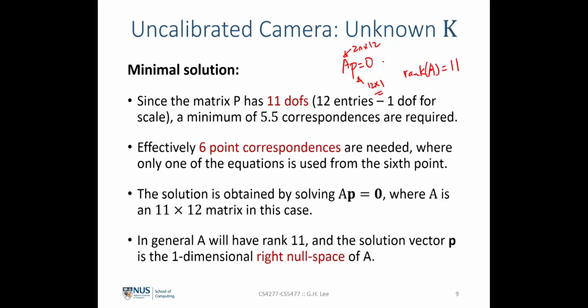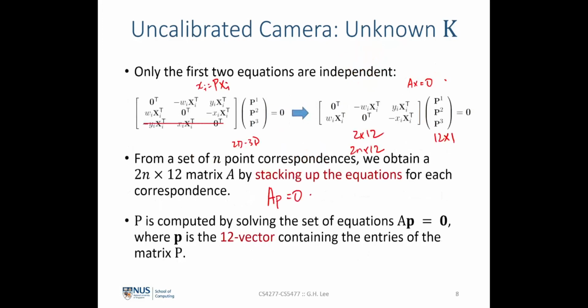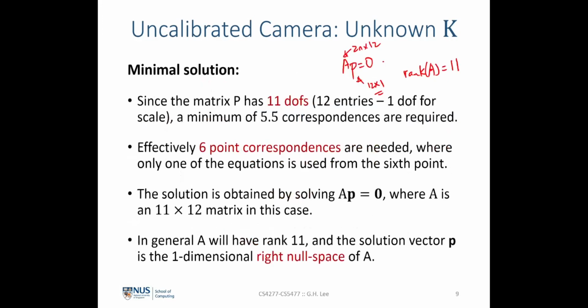Since earlier on we looked at this particular equation, where each one of the point correspondences gives us two constraints, and since we have altogether 11 unknowns in the P vector over here, what it simply means is that we need a minimum of 5.5 correspondences to get these 11 constraints, where the 0.5 correspondence simply means that, since one point gives us two constraints, the half point means that we are taking one of these constraints from a point correspondence that is given to us.